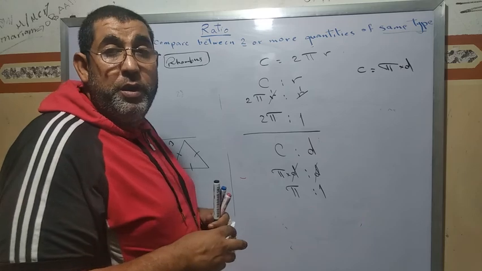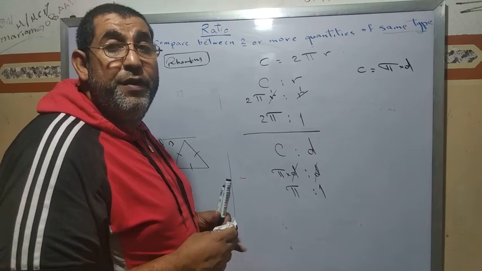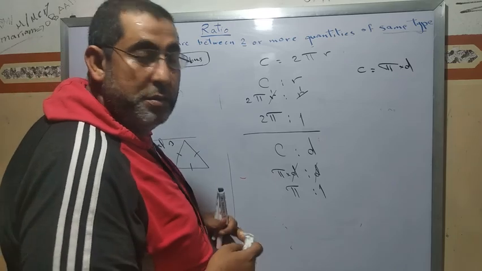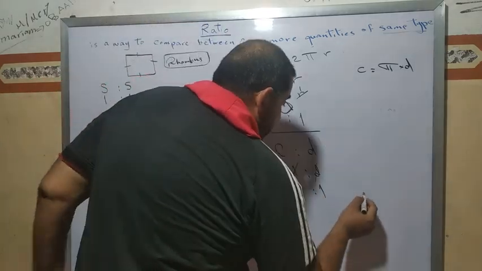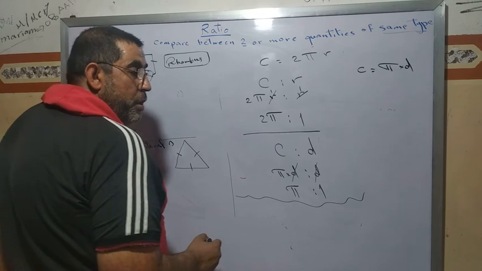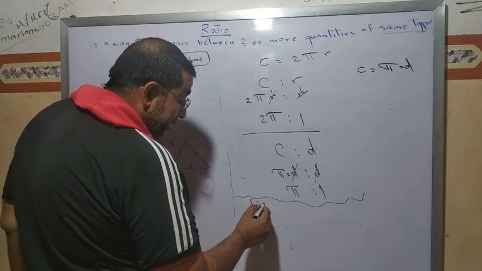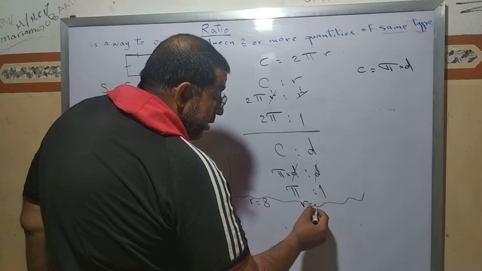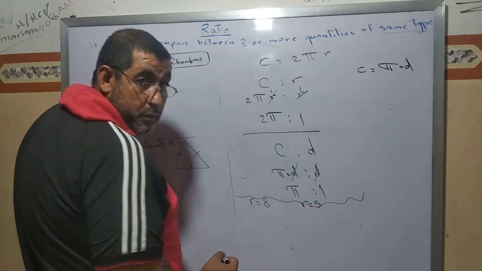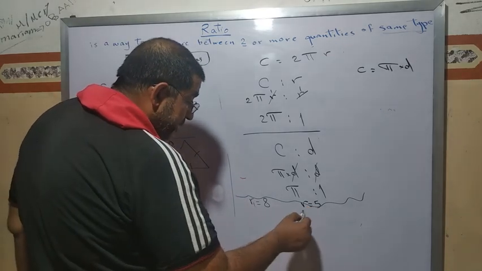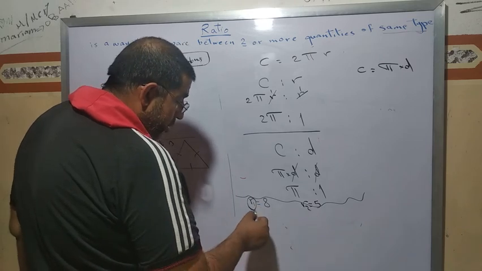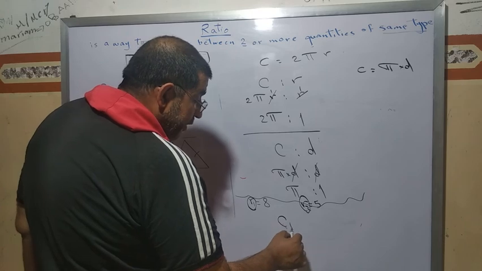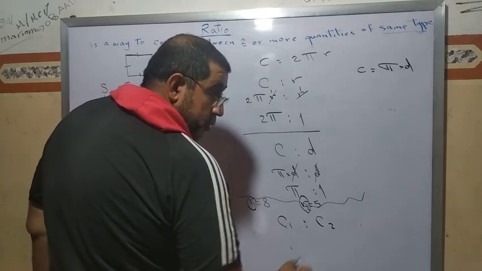The ratio between the circumference of two circles with different radii. A circle whose radius length is 8, and another circle whose radius length is 5. Circumference of the first to circumference of the second.